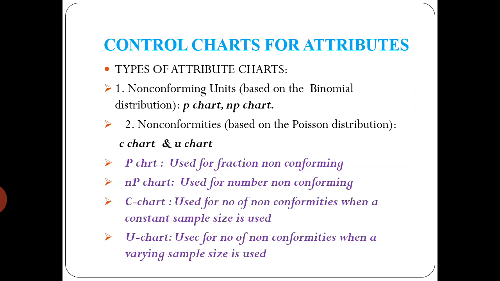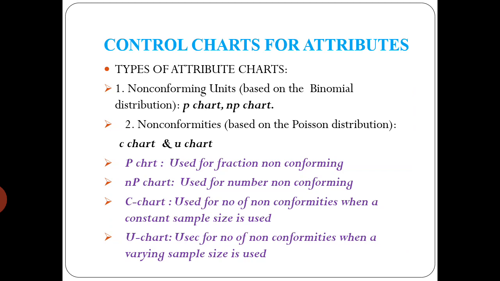So there are two types of attribute charts. They are charts for non-conforming units, also known as defective charts, which are the P chart and NP chart. And charts for non-conformities, called defect charts, that is the C and U charts. P, NP, C and U all indicate the defects.